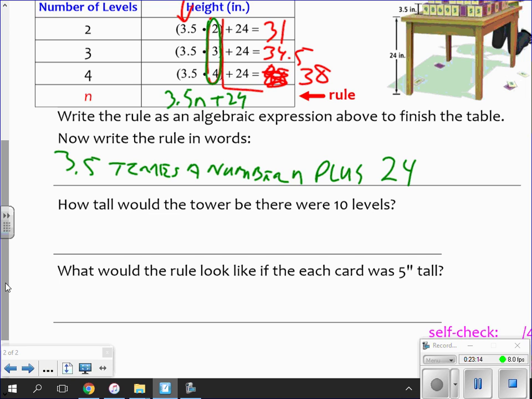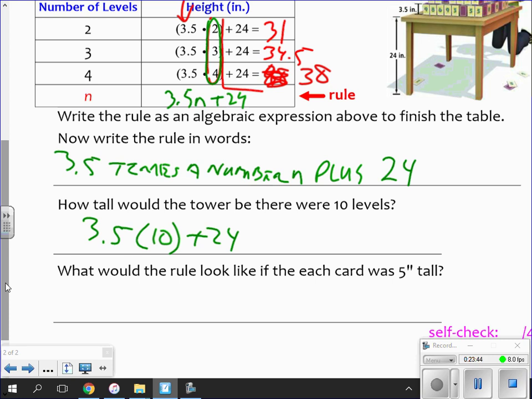How tall would the tower be if I had 10 levels? If you're really, really awesome and could build one 10 levels high, I think 5 is the highest I've ever gotten. 59 inches. It'd be 59 inches. How did you do it? 3.5 times 10 plus 24.